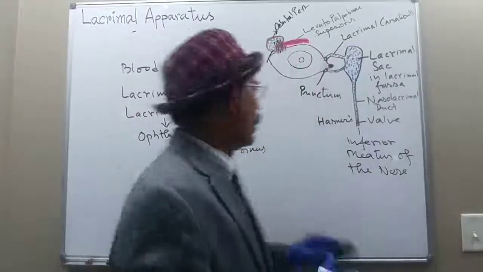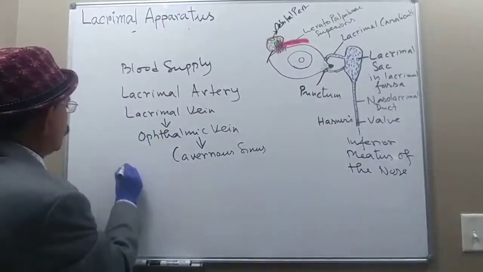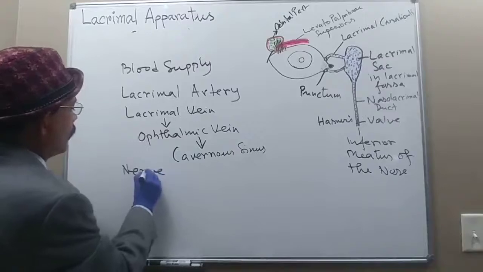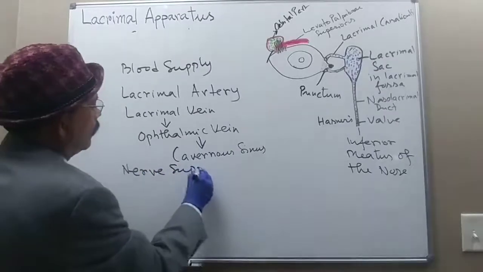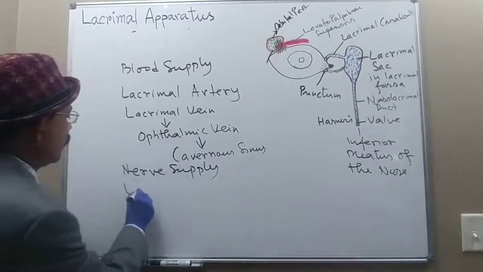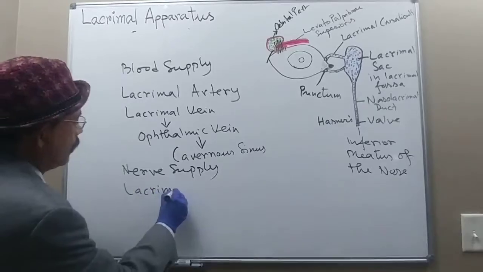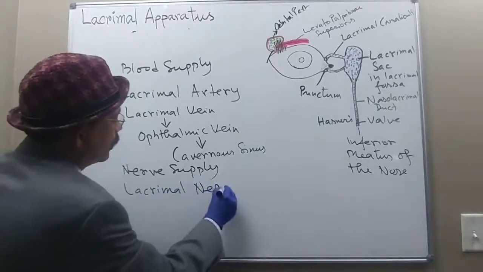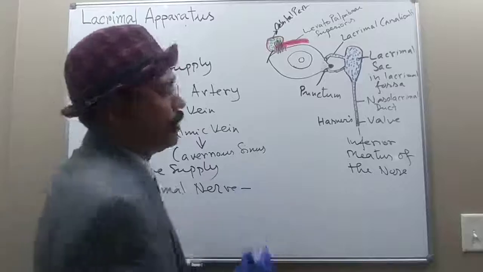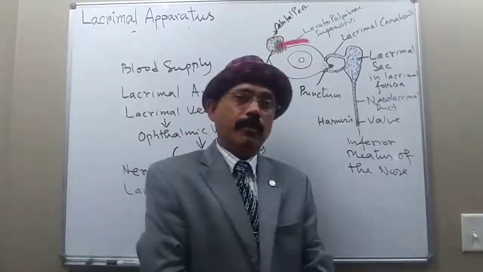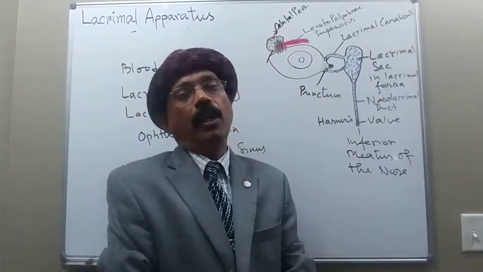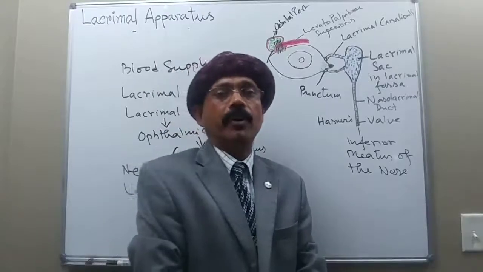Now we'll go to the nerve supply. Nerve supply by means of the lacrimal nerve. The lacrimal nerve carries general sensory fibers, sympathetic fibers, and parasympathetic fibers.